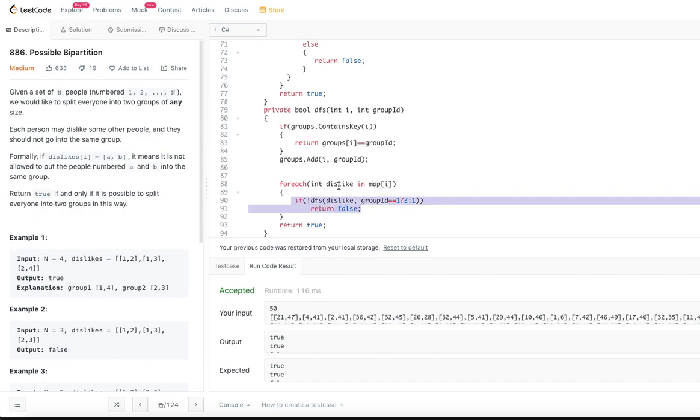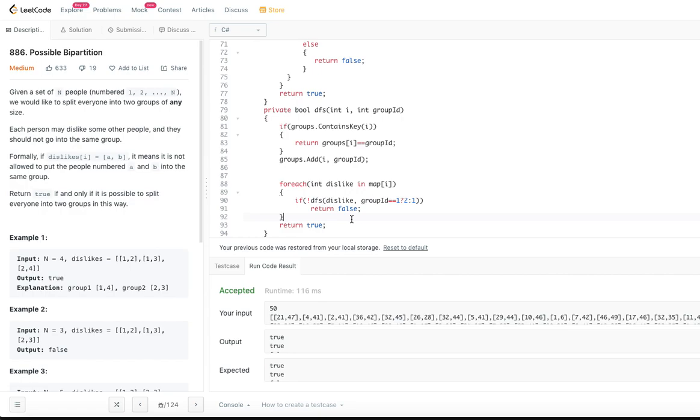So finally, if any of them doesn't match, we should be returning false. Otherwise, finally we return true. So that's how we are going to perform a recursive operation to see, okay, if X is in group 1, people disliked by X should be in group 2, right? Likewise. So that's what it is.